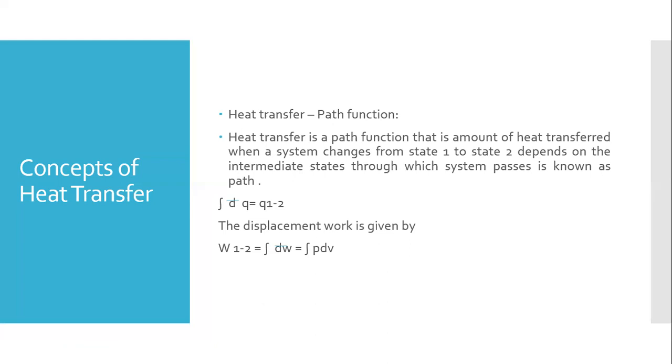But the path function is the change which occurs through two intermediate states. Say if you take a PV diagram, with volumes V1 and V2, these are the two intermediate states. The heat flow which takes place between the two intermediate points, we call a path function.